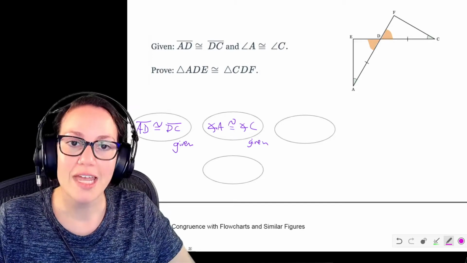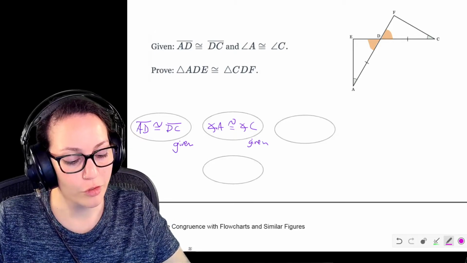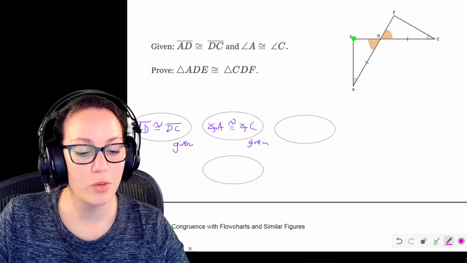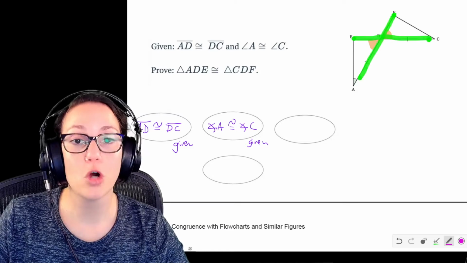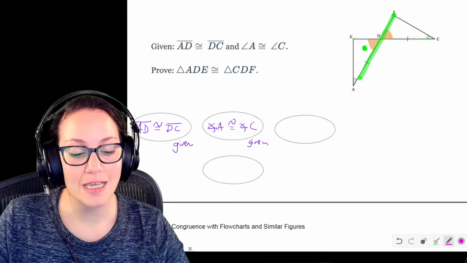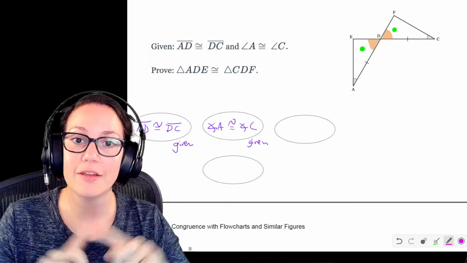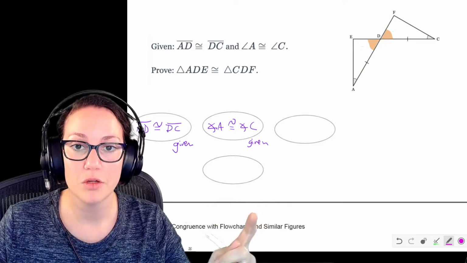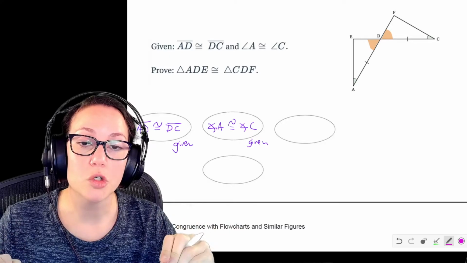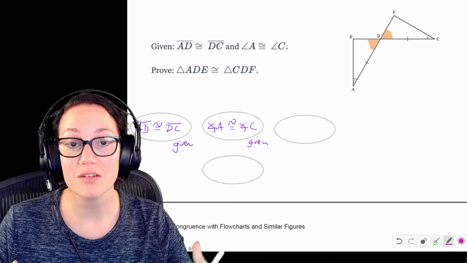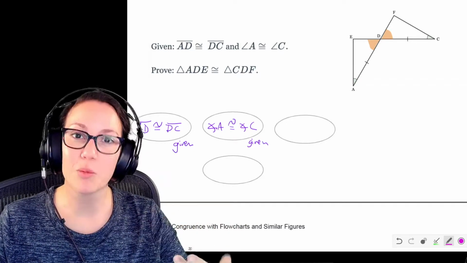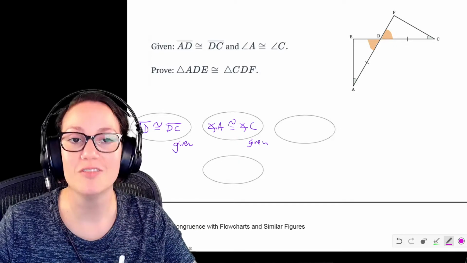They're vertical angles. We know they're vertical angles because we have two lines crossing each other, and these angles were made just from those two lines, and they're opposite each other. So vertical angles are also congruent. That's one of our angle properties that we learned for our previous concept quiz.